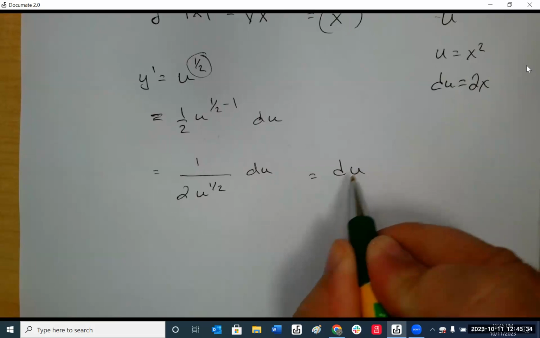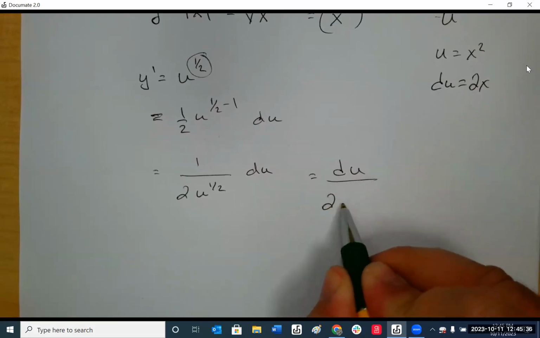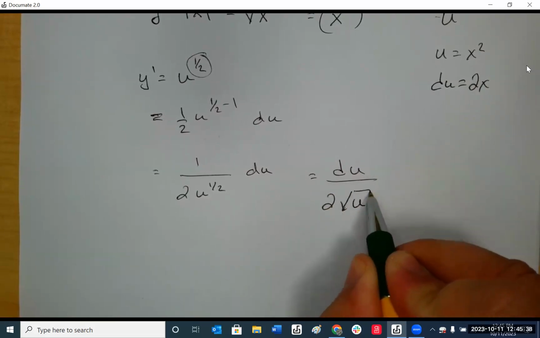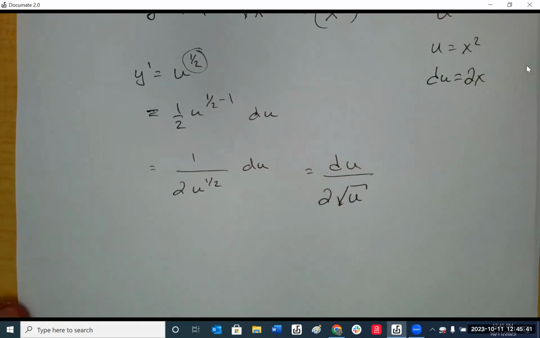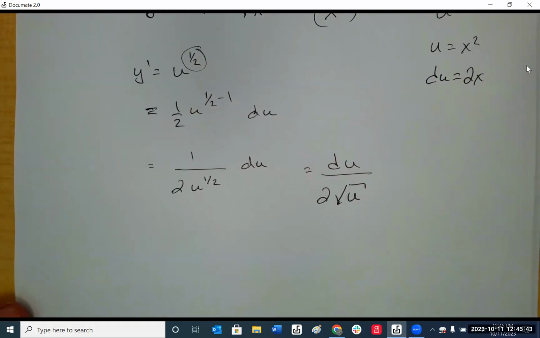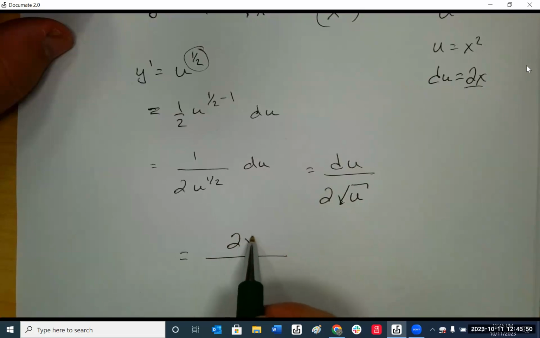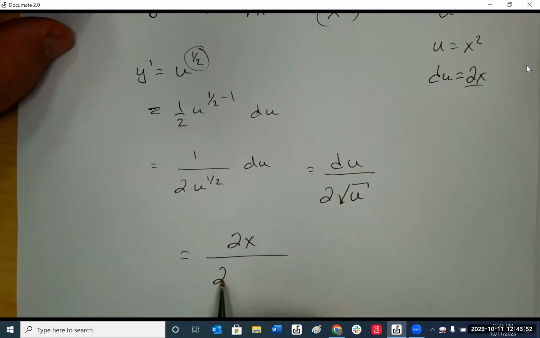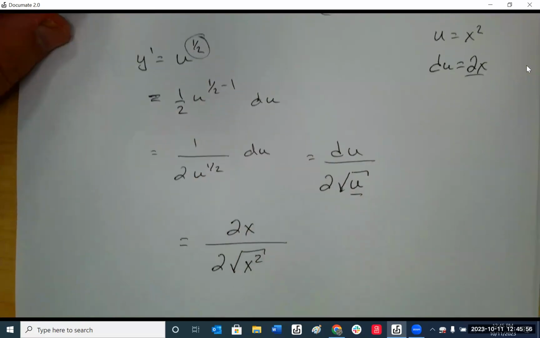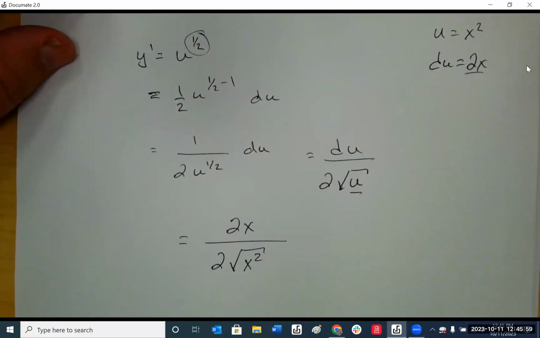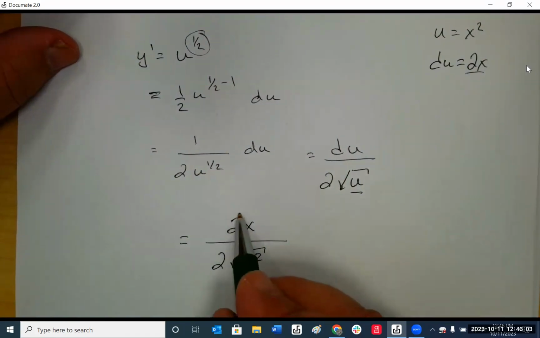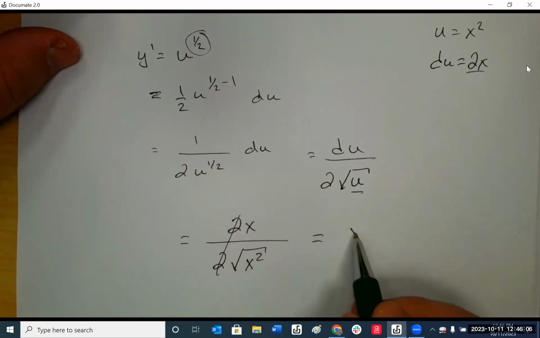Which is du over 2 square root of u. Now all we have to do is plug numbers in. What is du? 2x. What is u? x squared. So the 2's cancel.